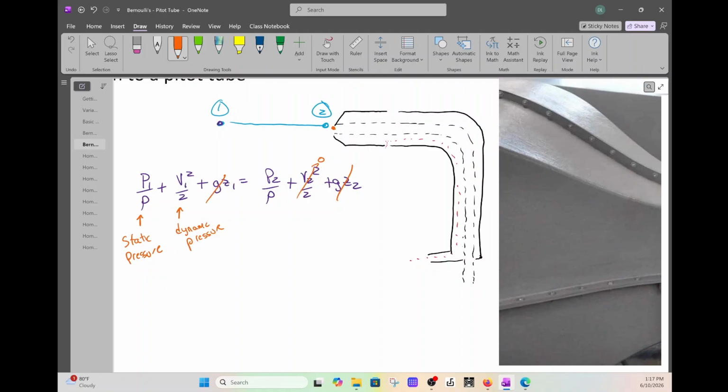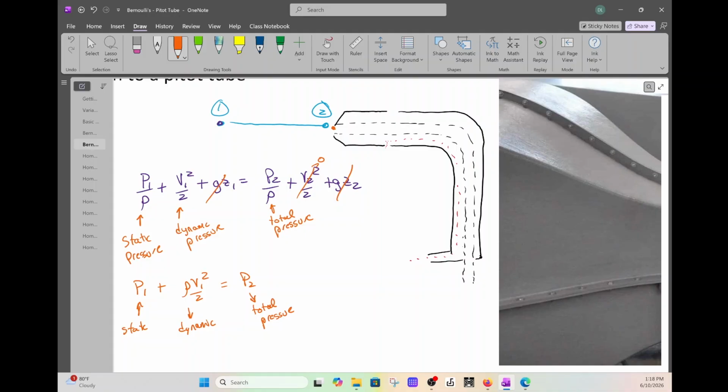So we only have this, and this is what we call total pressure. Typically, what I should have done is multiplied every term by rho. So P1 plus rho V1 squared over 2 equals P2. This is your static, this is your dynamic, and this is what you call total pressure.